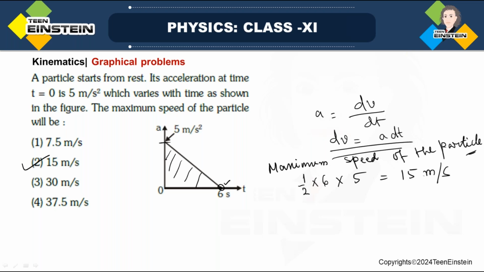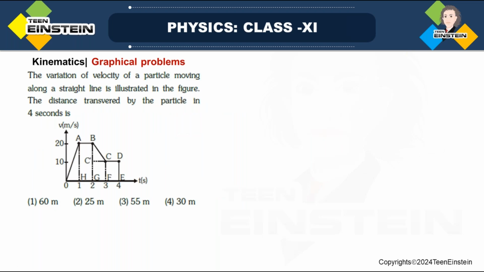Let us go to the next problem. What is this problem saying? The problem says the variation of velocity of a particle moving along a straight line is illustrated in the figure. Find the distance traveled by the particle in 4 seconds. This is a v versus t graph.